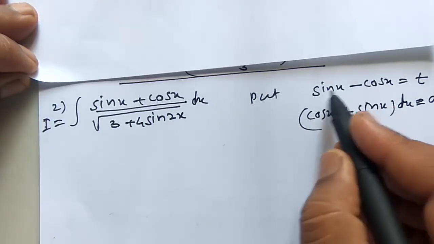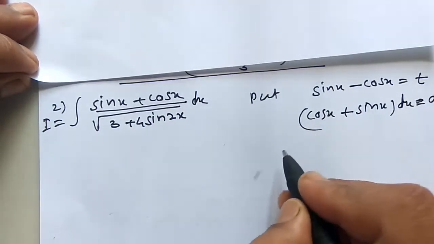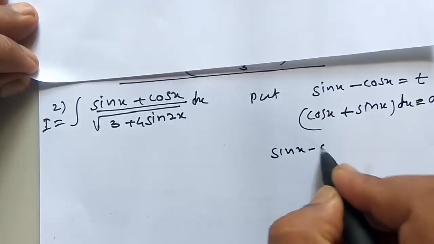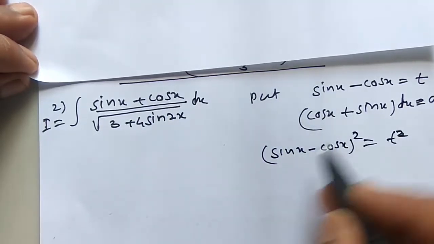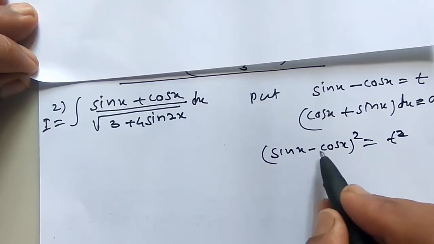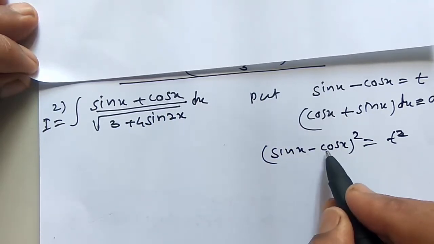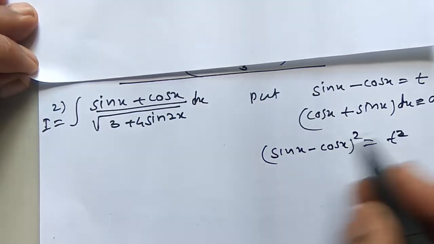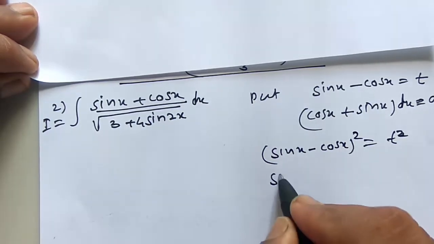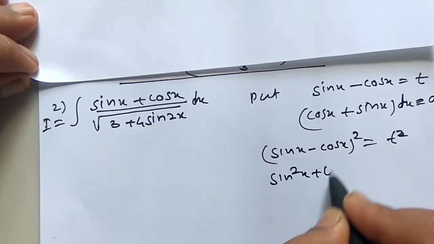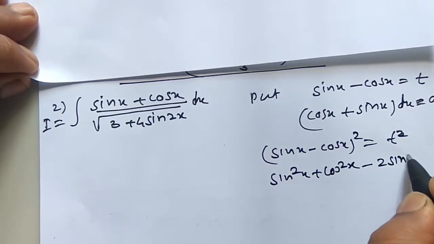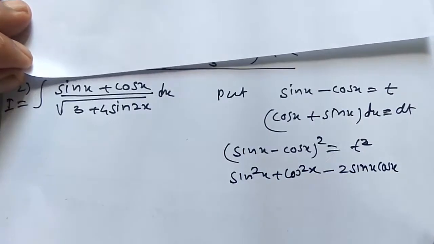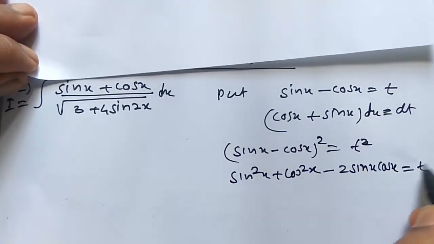And if we take the square of this, (sin x minus cos x) whole square is equal to t square. By expanding, (a minus b) whole square is a square minus 2ab plus b square. So the square of this is sin square x plus cos square x minus 2 times sin x into cos x is equal to t square.